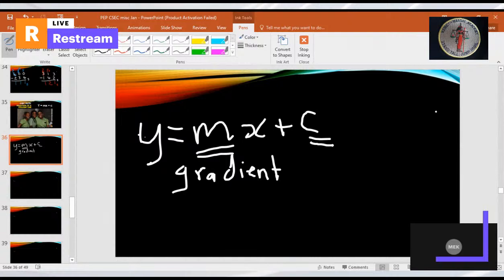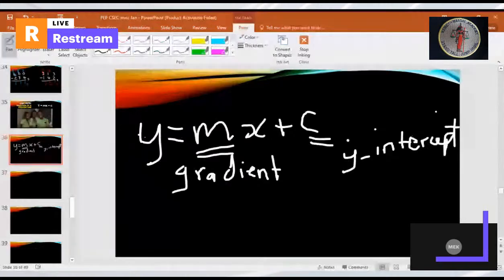This number out here is called the y-intercept. What it tells you is where the line cuts the y-axis. So we know the gradient and we know the y-intercept.